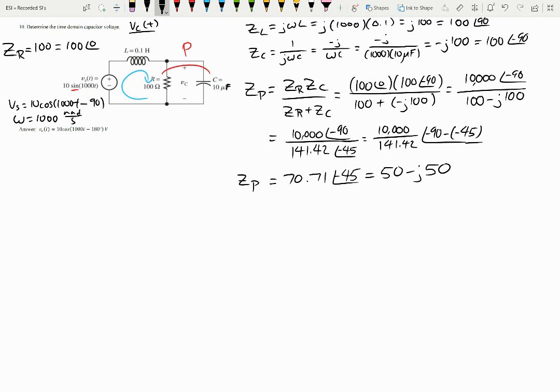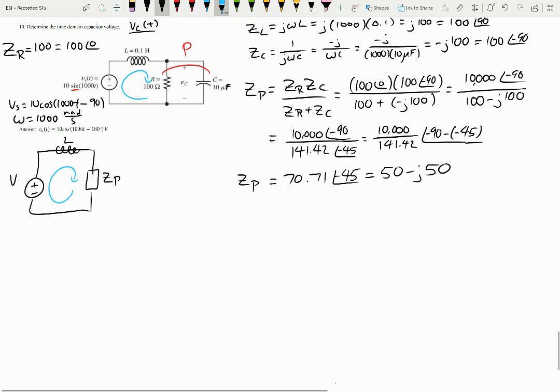Now that we have that, our new circuit looks like this: draw a box here, call that Z P, and this will be L up here. This is the voltage source. All we'll do is a voltage division.